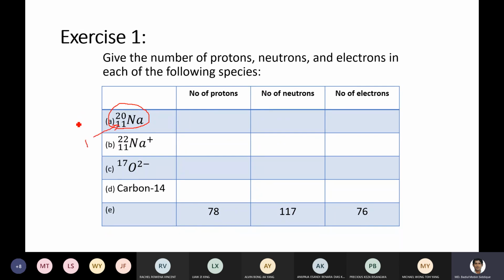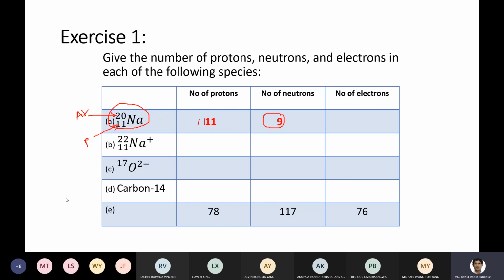This is the number of protons, and this is protons plus neutrons, the atomic weight or mass number, okay, and this is the atomic number. So the number of protons is already given as 11, and then the number of neutrons will be the balance from 20 minus 11, the rest of it. So it will be 9. The number of neutrons is 9 here.